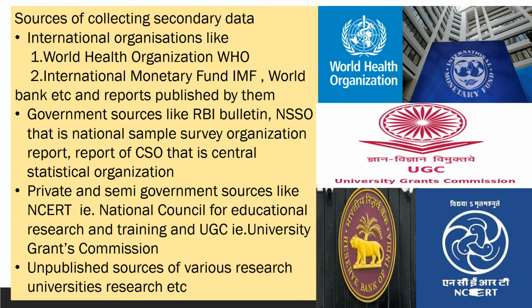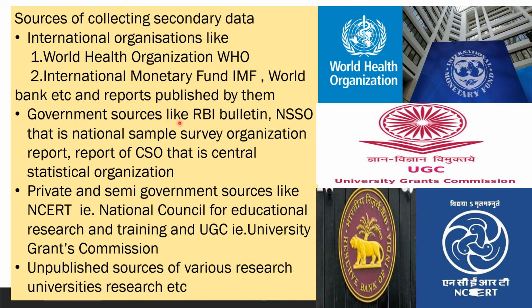Now here are some sources of collecting secondary data. International organizations like WHO, that is the World Health Organization, IMF, that is the International Monetary Fund, the World Bank, and reports published by them are a source of secondary data.